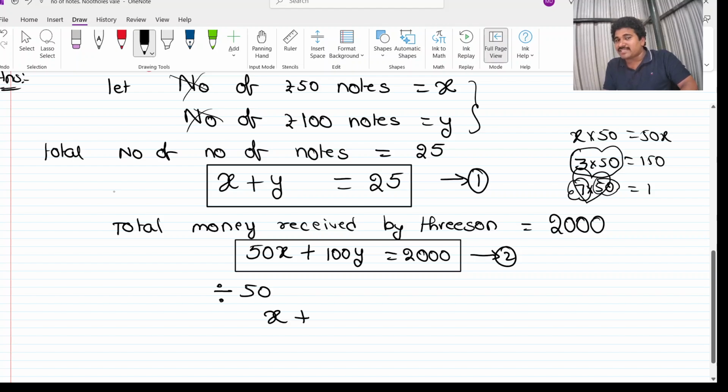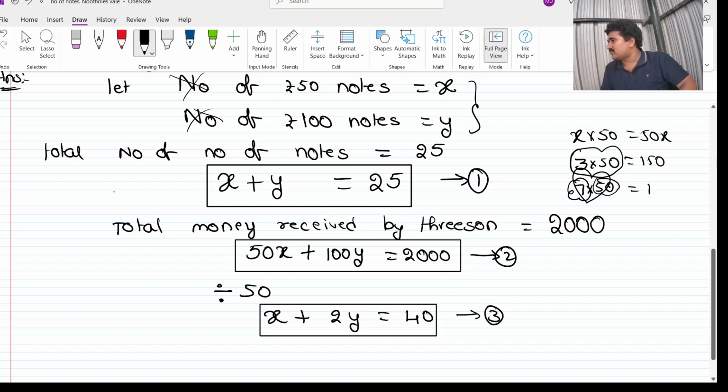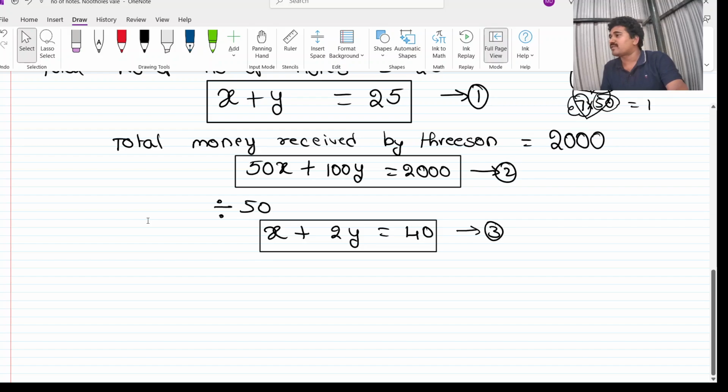X plus 100 by 50 is 2Y. How much is 2000 by 50? 40. This is your equation number 3. Is that clear for everybody? Yes or no? Fine.